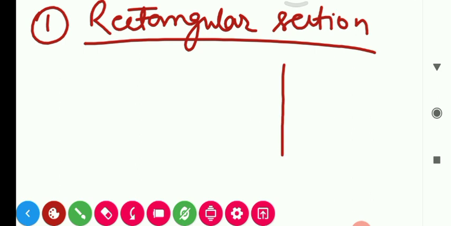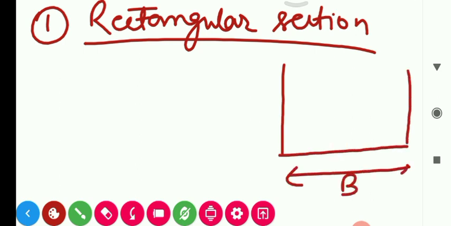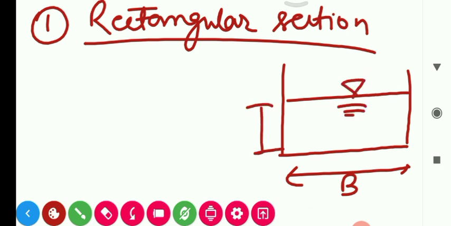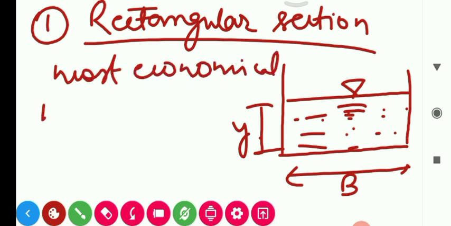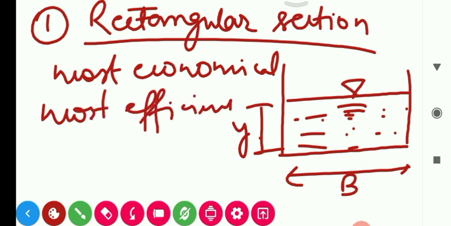Okay, so let's deal with firstly a rectangular section. We have this rectangular section with width B and the level of water is, suppose, y0. Okay, this is water. So what is the condition for which this rectangular section is most economical or most efficient?